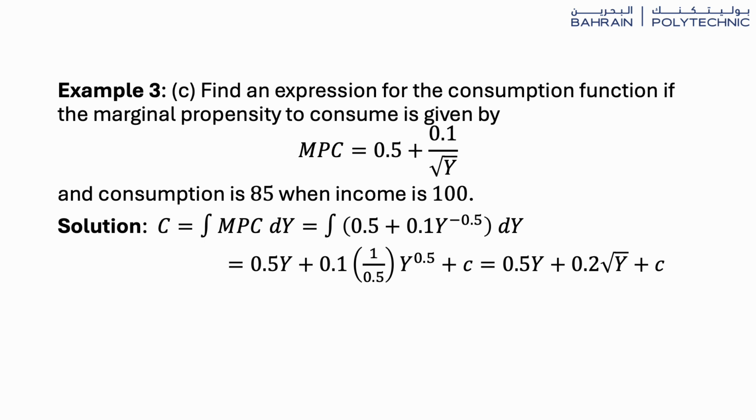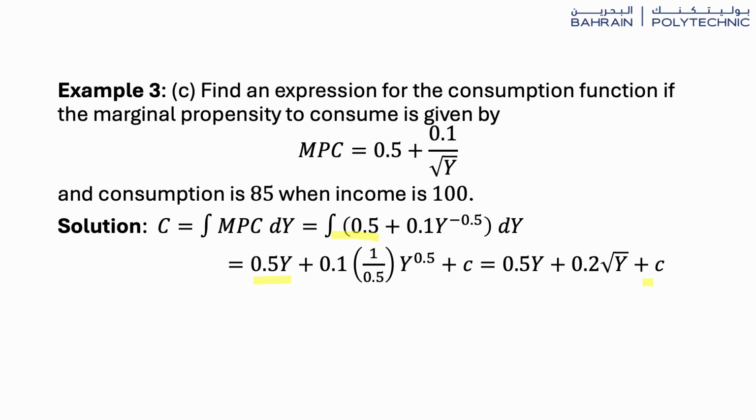So this is what we got here: 0.5y. For this one, we add 1, so it will be 0.1 divided by 0.5, which is 0.2, and y to the power half is just the square root of y, plus c.